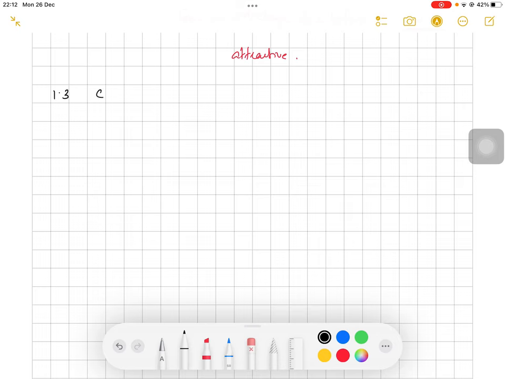Check that the ratio ke² by G me mp is dimensionless.